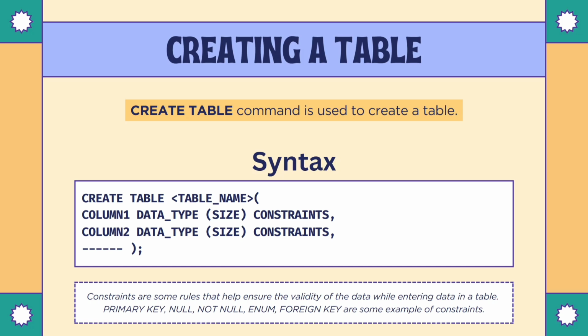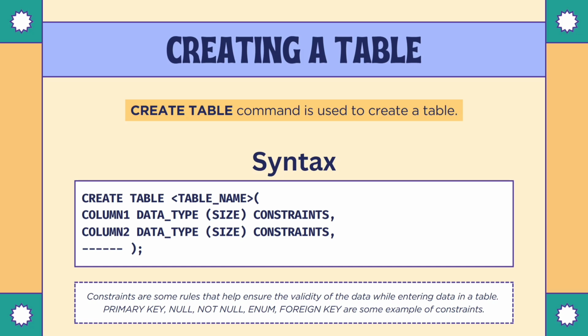Size is specially required when we use character types of data. For date and integer we do not have to mention the size. And constraints are the rules to ensure the validity of the data. Like in constraint, if we write null, then it will allow empty values. If we write not null, then the field must contain some value.